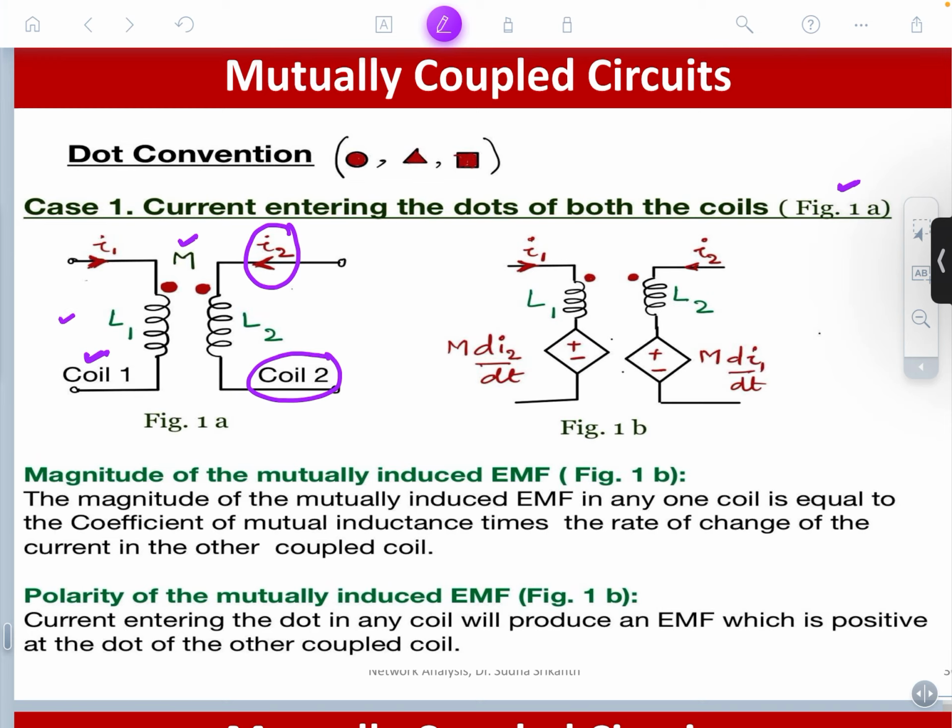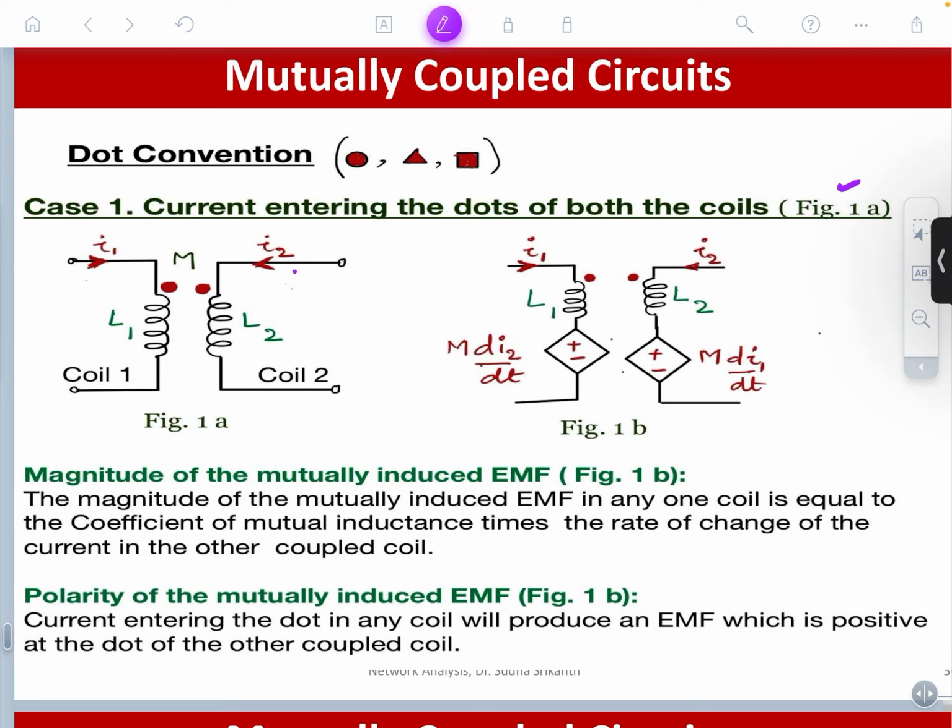That is why we say they are mutually coupled. If that was not the case, we wouldn't have said they are mutually coupled. What we mean is the current through one coil will produce an EMF in the other mutually coupled coil.